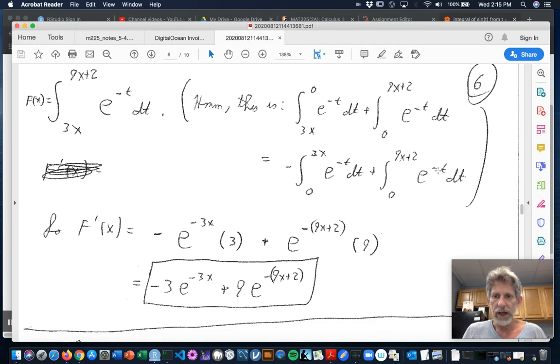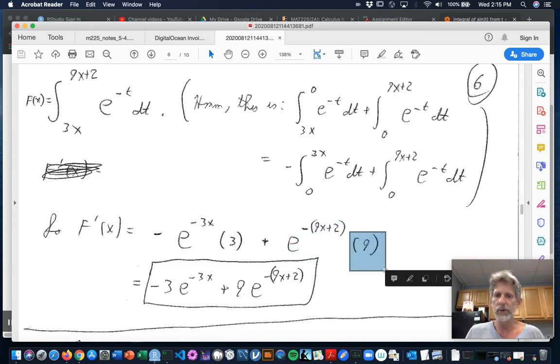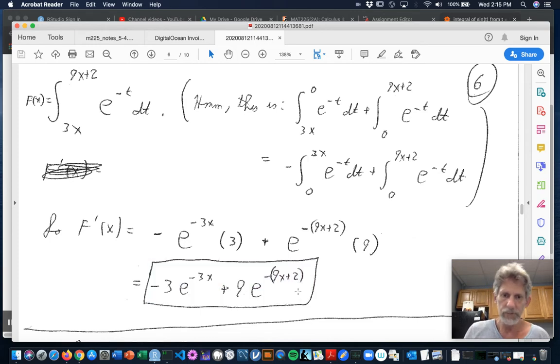And then I've got here e to the minus upper, so e to the minus 9x plus 2 times the derivative of the upper, which is a 9. And that could simplify a little bit if you like, but it's hardly worth it.